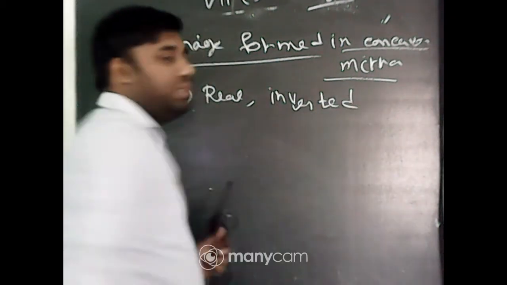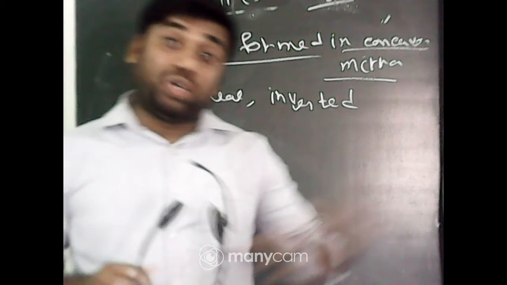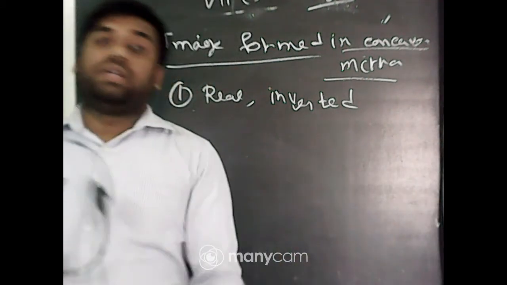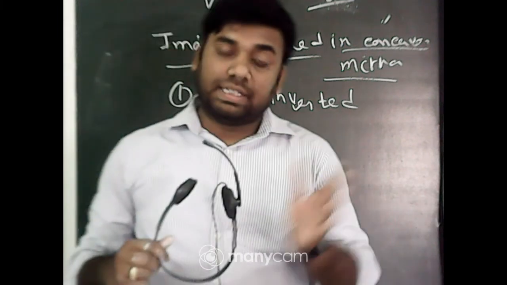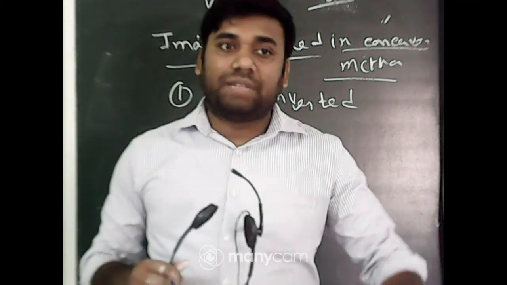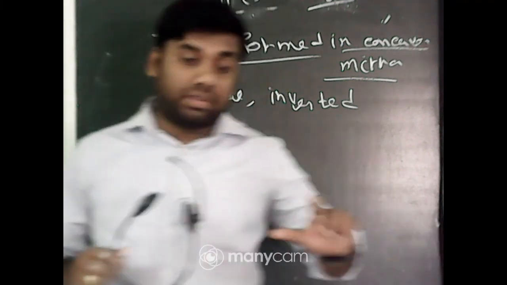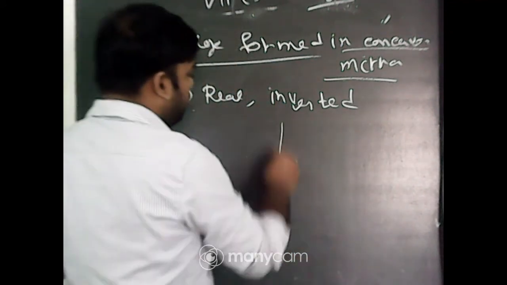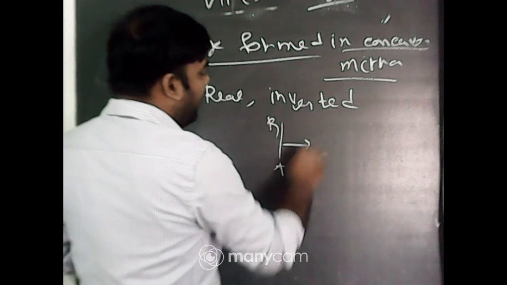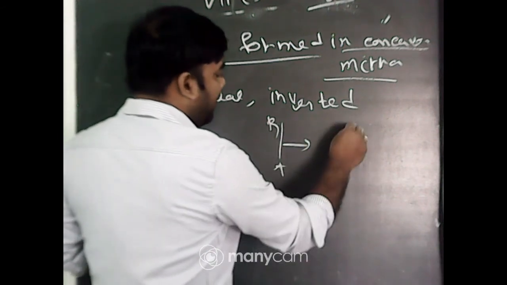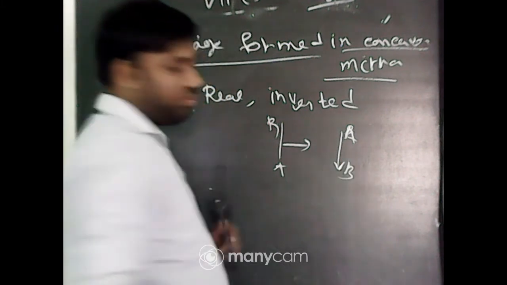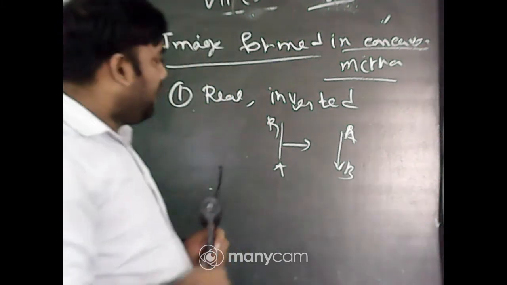Real means the image is formed by actual intersection of reflected rays. That is a real image. And inverted means just opposite. If the object is AB, I will get the image of AB inverted. Okay, that is an inverted image.